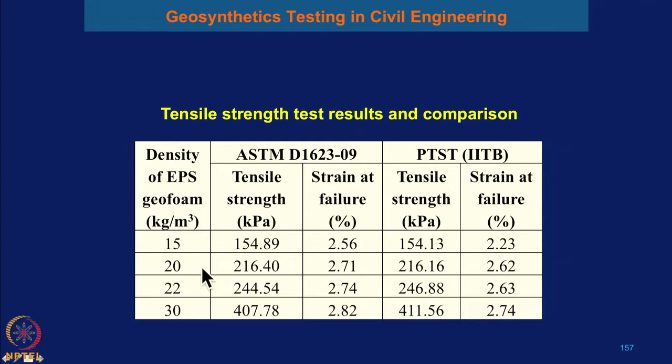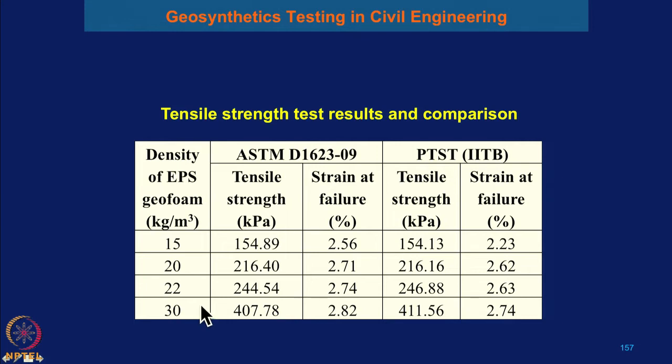Similarly, for the EPS density of 20 kg per meter cube, the tensile strength is 216.40 and the strain at failure is 2.71%. For the density of 22 kg per meter cube, the tensile strength of the EPS geoform is 244.54 kilopascal and the corresponding strain value is 2.74%.